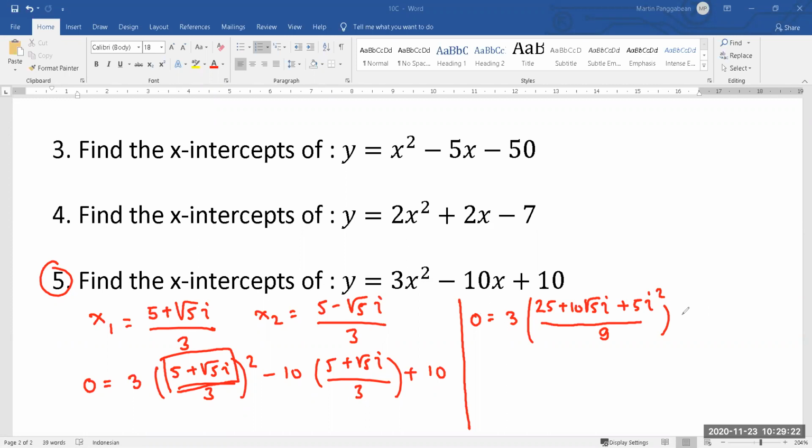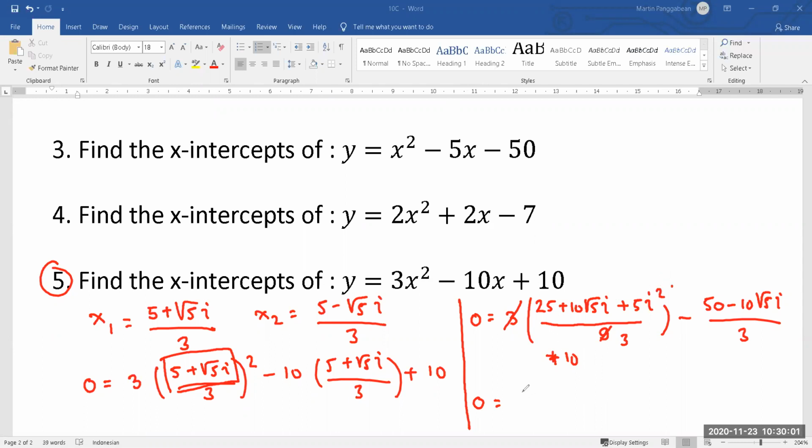Can you feel the complexity here now? So minus 50 minus 10 square root of 5i over 3, plus 10. Gladly we can cancel this one and this one. So 0 equals to, don't forget, i squared. Can you remember what i squared is? i squared is negative 1.